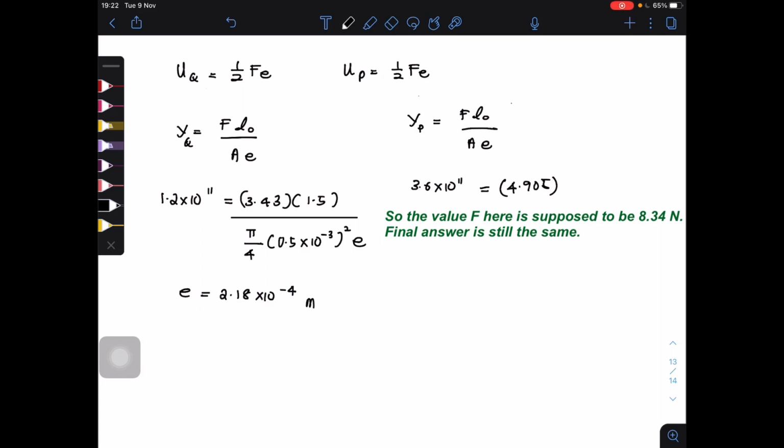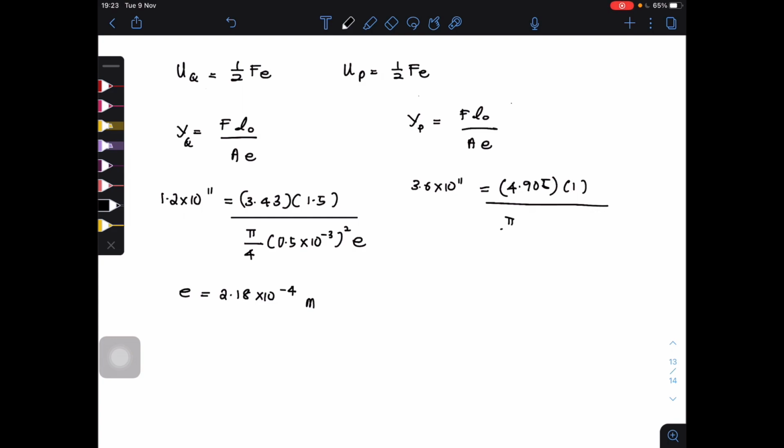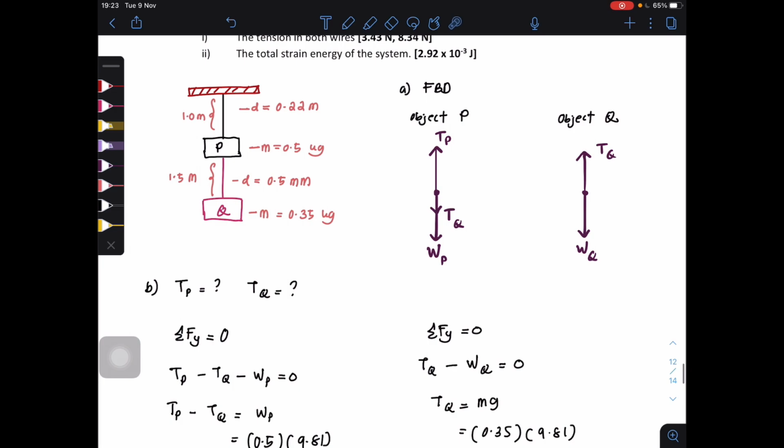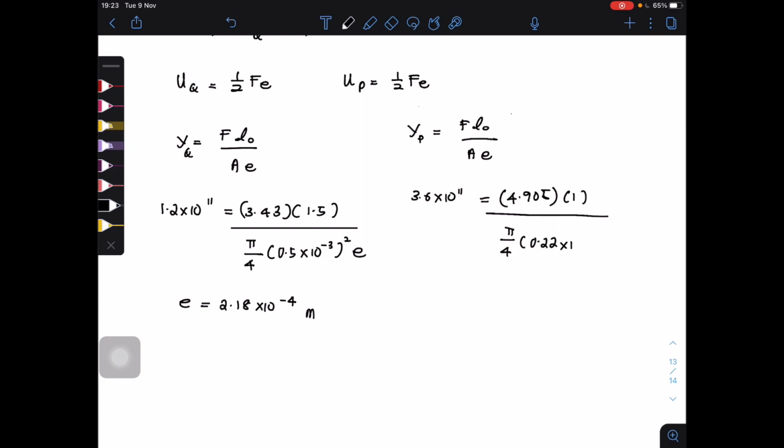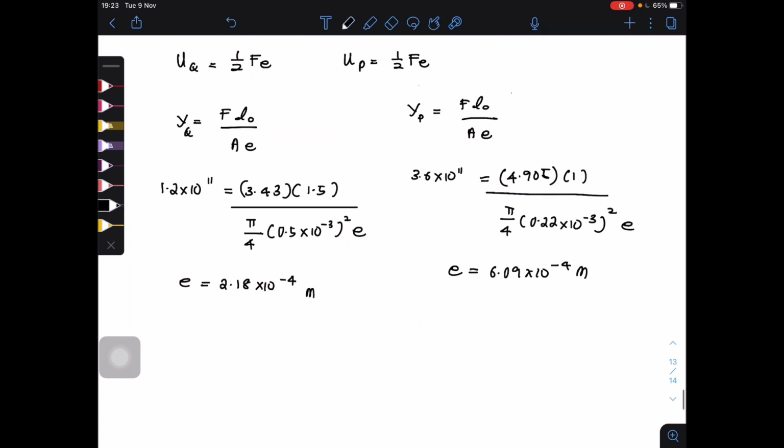And then the original length of the wire P adalah 1 meter divided by area. Area sama juga, pi over 4 times with diameter. Okay, diameter is this one, 0.22 meter. Okay, square, and then times with elongation. Elongation is equal to 6.09 exponent -4 meter.